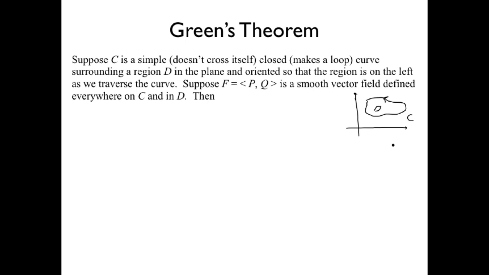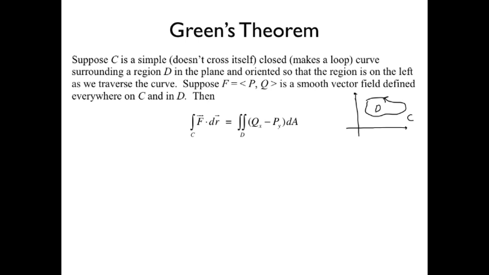And then this is in a vector field, PQ. That's supposed to be a D. Okay, so then here is, given all that setup, here's Green's theorem.